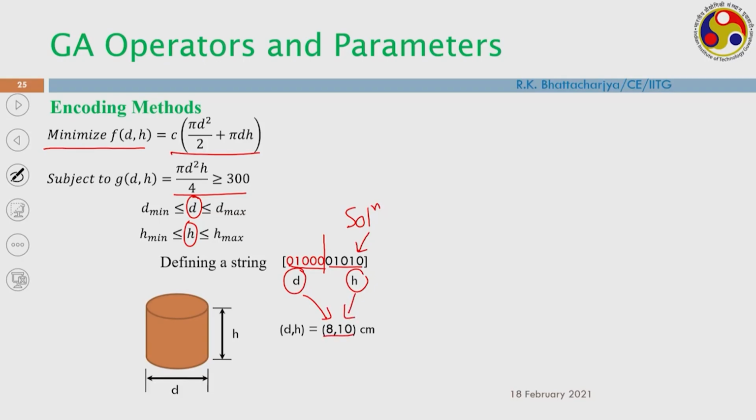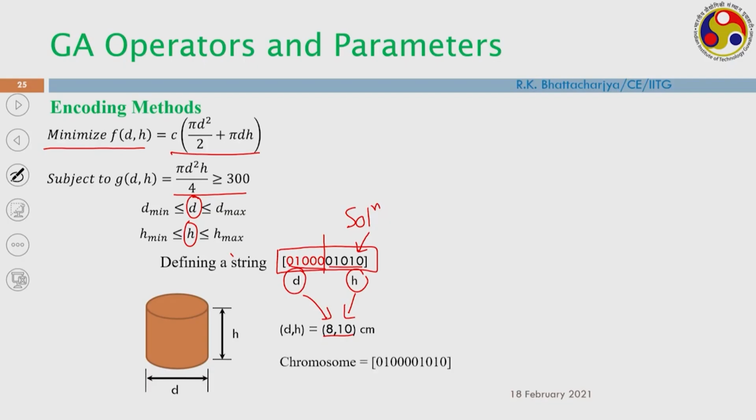I am not using any mapping here, directly we are using the decoded value, and this represents a particular solution string. Once we define this chromosome, when we apply crossover, we will apply it on the entire string, not on individual variables. I will discuss this part when I show you the crossover method.